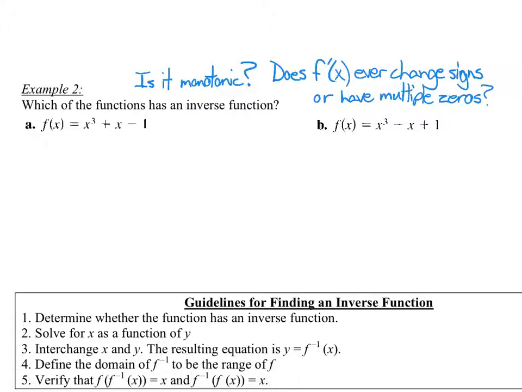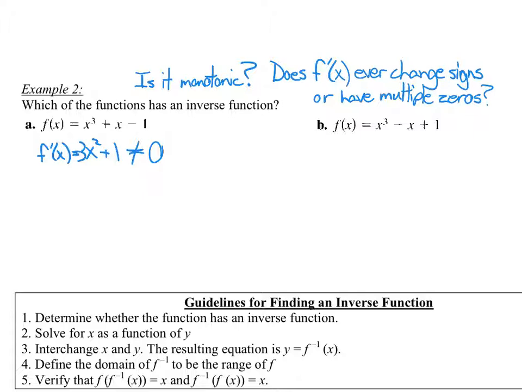Okay, well, let's figure this out. What's f prime? 3x squared plus 1. Will that ever equal 0? No. It does not ever equal 0.